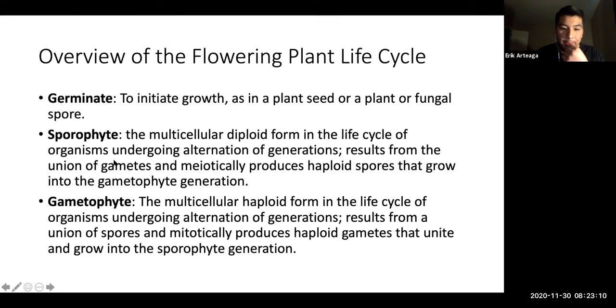Okay. So again, the gametophyte will produce the gametes, or the swimming sperm or the eggs. Okay. So again, haploid is a gametophyte. Sporophyte is going to be containing the diploid, right? So you're going to have two pairs of chromosomes, okay?